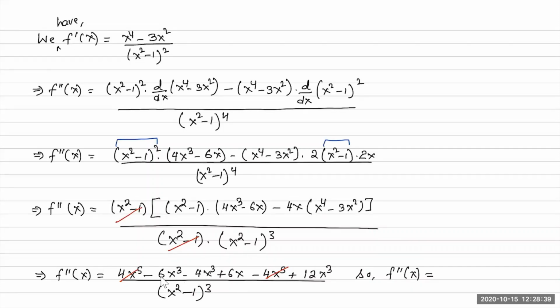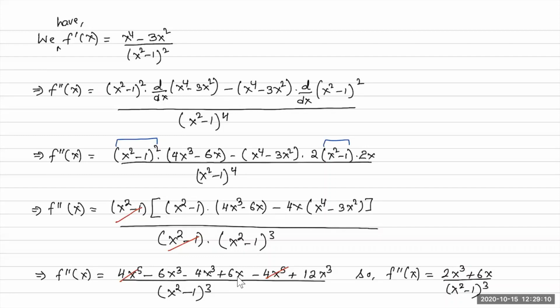Or you can think like this, -6 and -4, that's -10. -10 and positive 12 is positive 2. So it will be 2x cubed. And after that, when x to the third are all taken care of, we have plus 6x there. 2x cubed plus 6x over, in the denominator we have (x squared minus 1) quantity cubed.